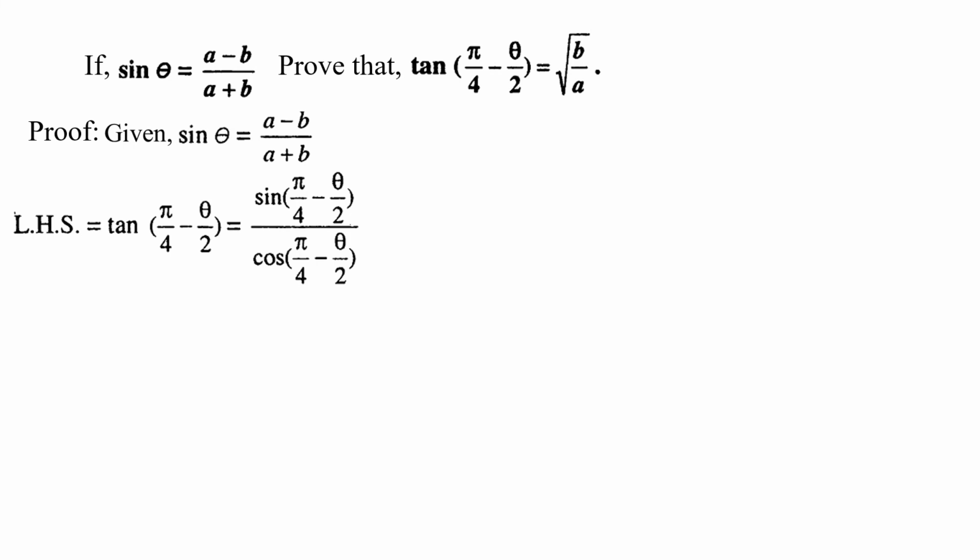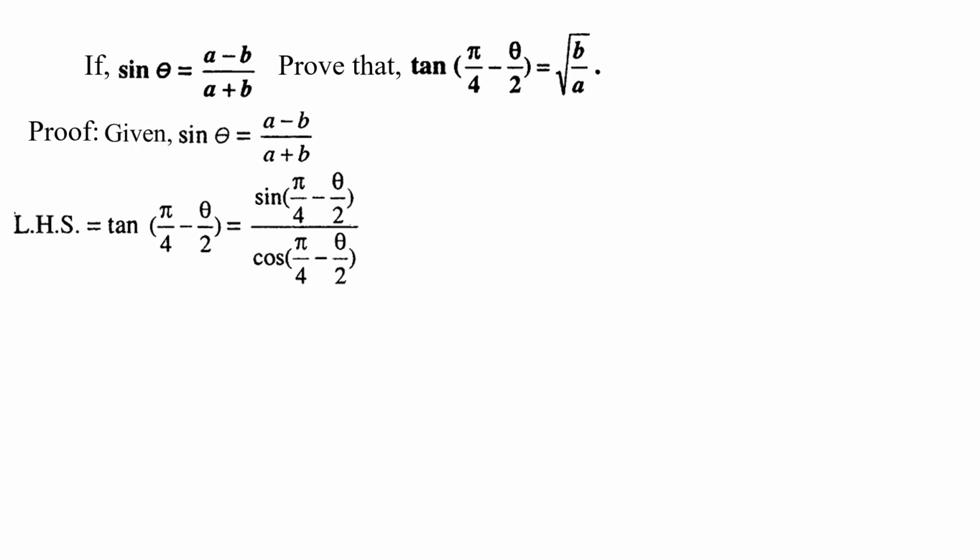Now left hand side, tan pi by 4 minus theta by 2 equal to sin pi by 4 minus theta by 2 by cos pi by 4 minus theta by 2, because you know the formula sin theta by cos theta equal to tan theta.